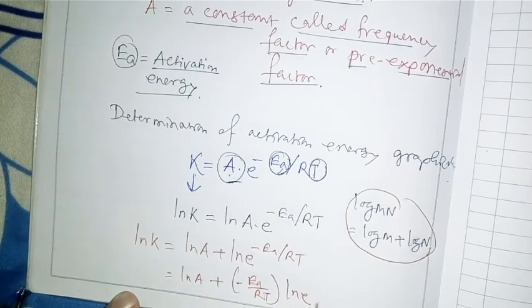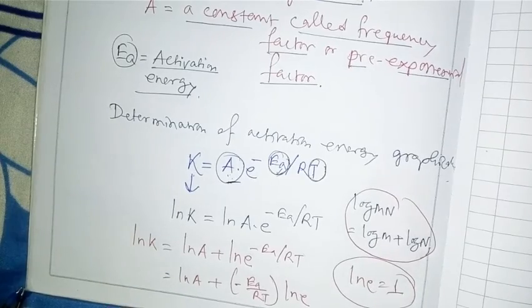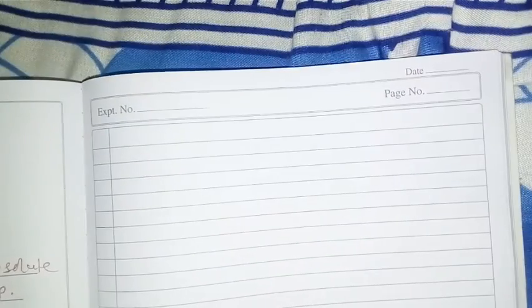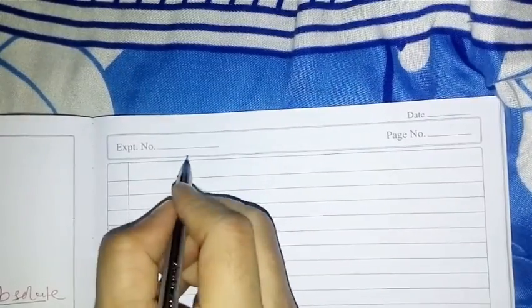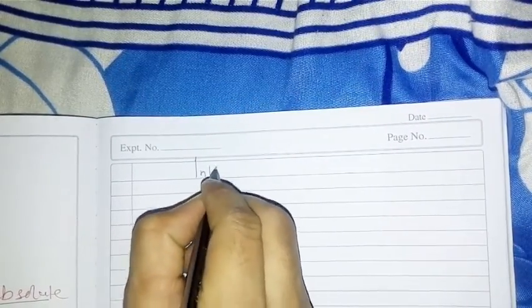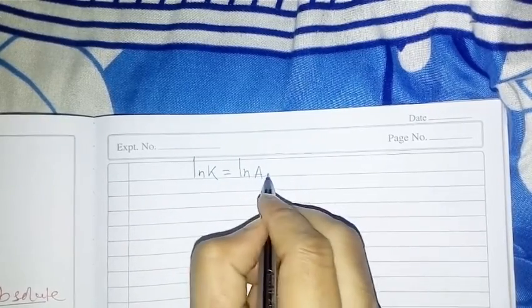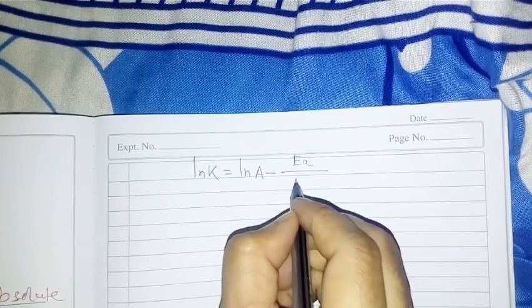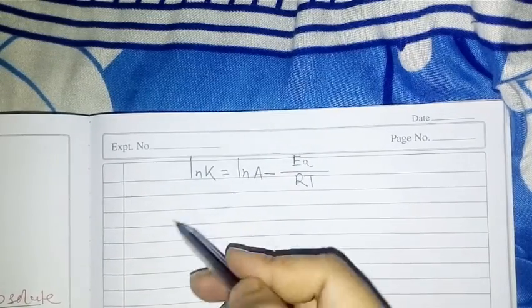This ln e value is 1. Then ln k equals ln A minus Ea divided by RT.